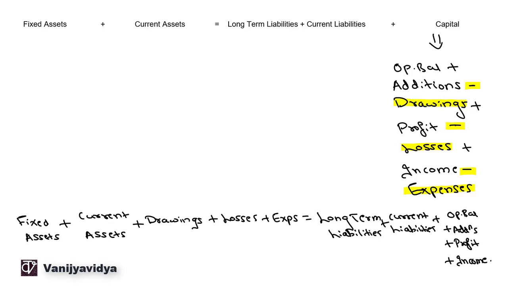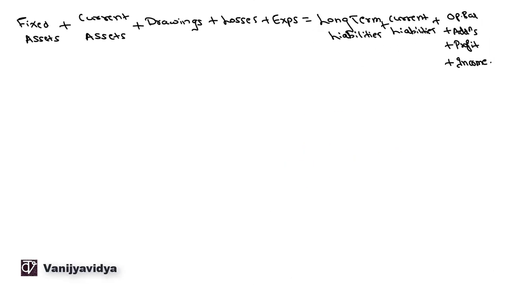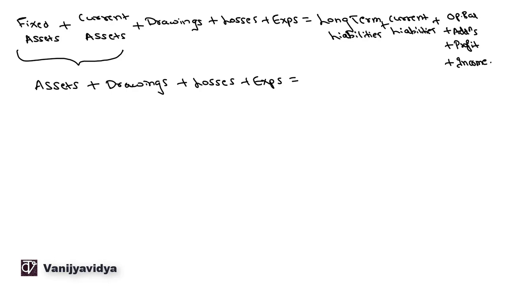So let's summarize this equation now. Your fixed assets plus current assets can be summarized as assets plus drawings plus losses plus expenses is equal to, now these long-term liabilities and short-term liabilities can be summarized as liabilities plus opening balance and additions to capital.